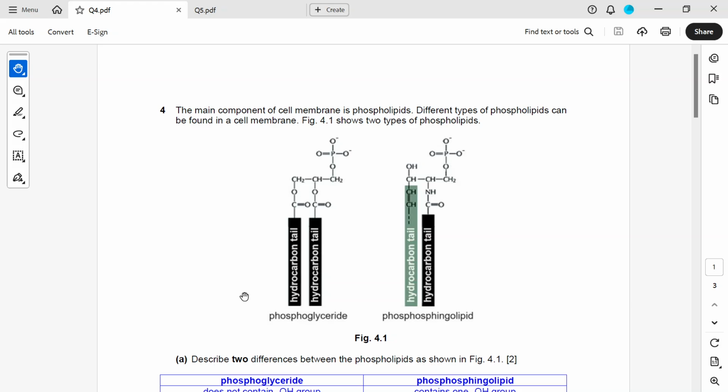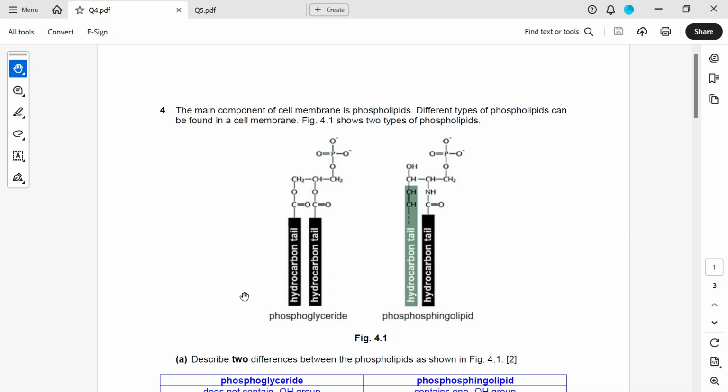So there is really no strong evidence to suggest that all these hydrocarbon tails are saturated, and chemically the same. I don't even think they are of equal length, even though I've accepted that as an answer. There are stronger, more clear-cut differences shown in the diagram.